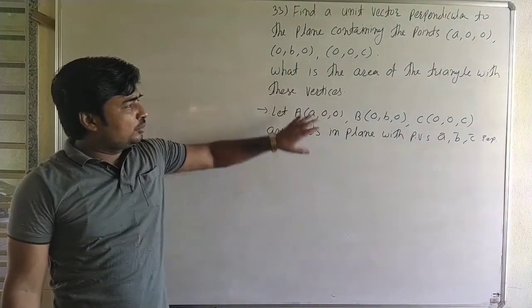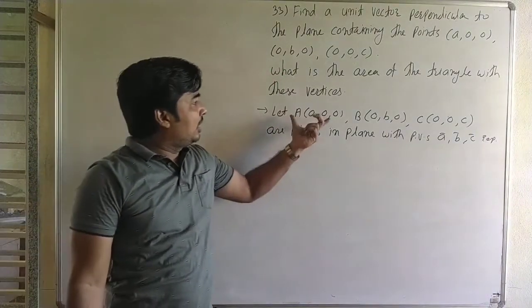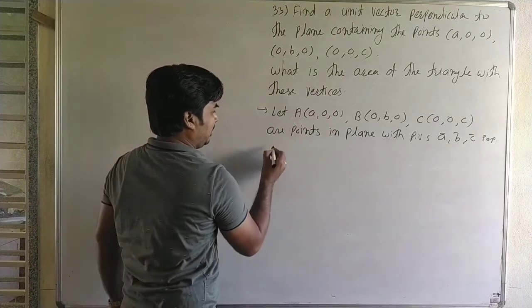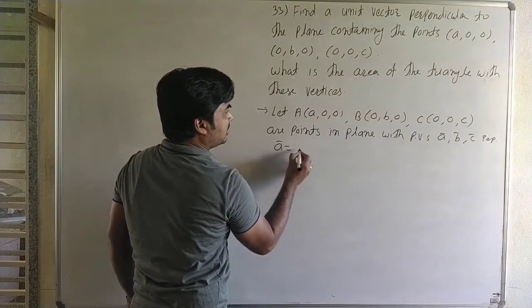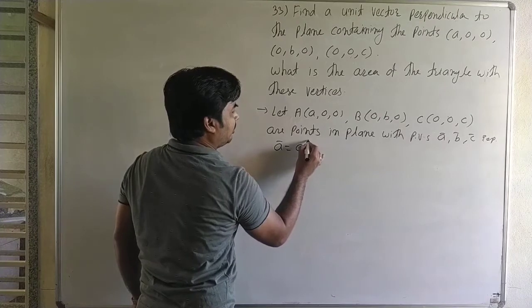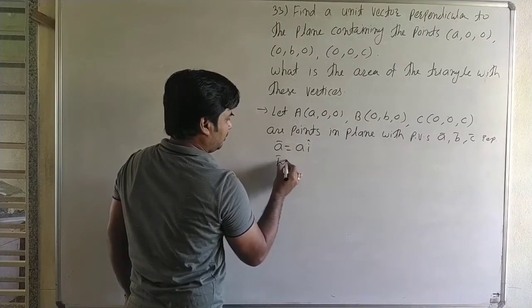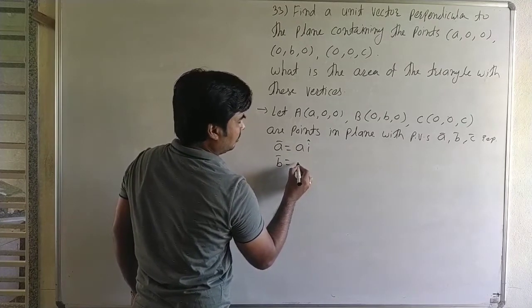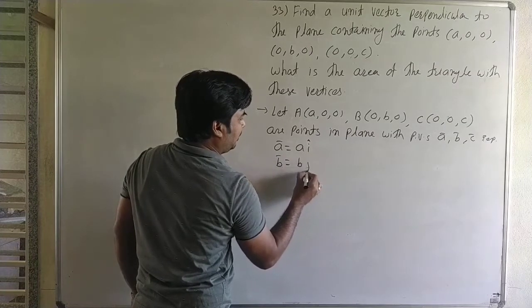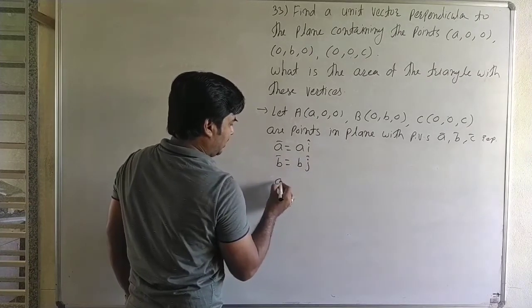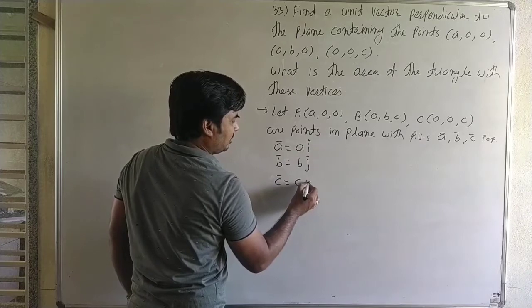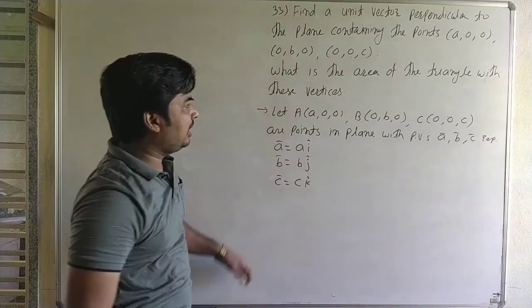Here these are the position vectors, suppose. Therefore we can write A bar is equal to A i cap, B bar is equal to B j cap, and C bar is equal to C k cap.